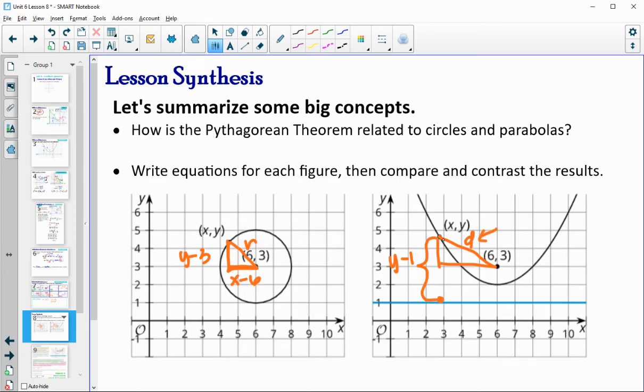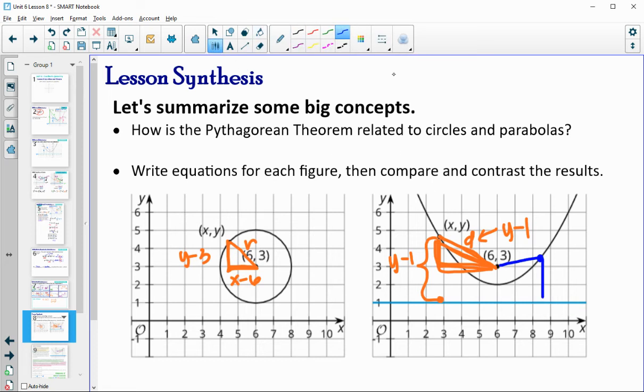So this hypotenuse is equal to y minus 1. And then we would set up the Pythagorean theorem equal to y minus 1 squared. The distance changes, because if we're going to this point, that's a different distance, but it's still going to be the distance to the directrix.